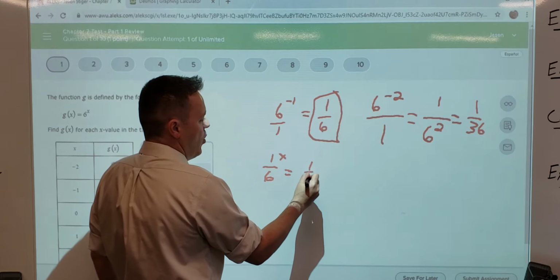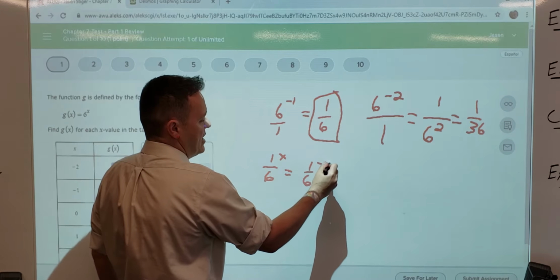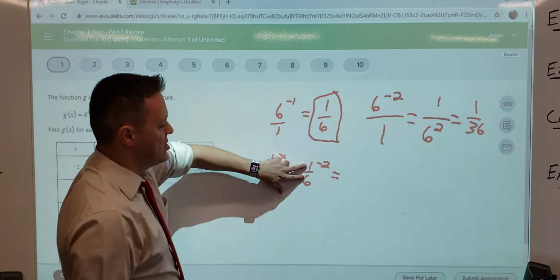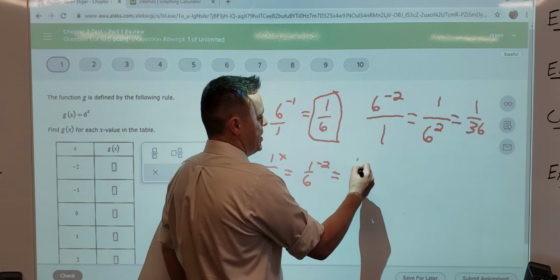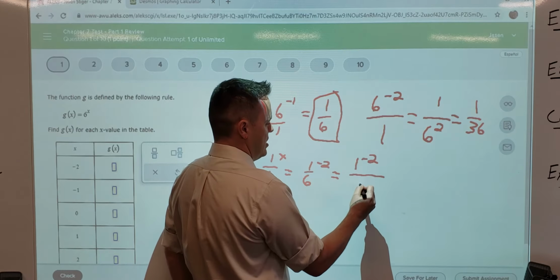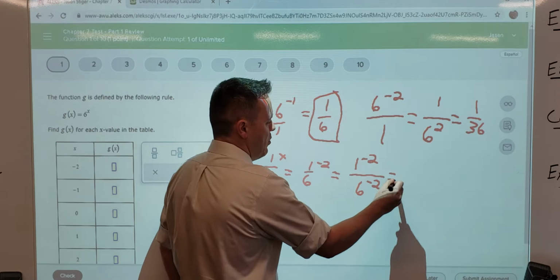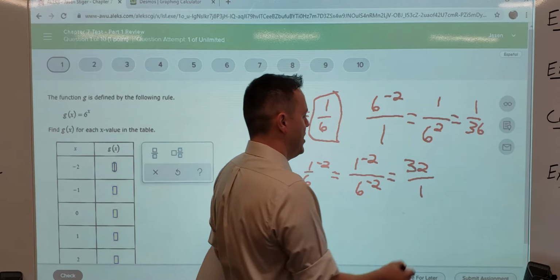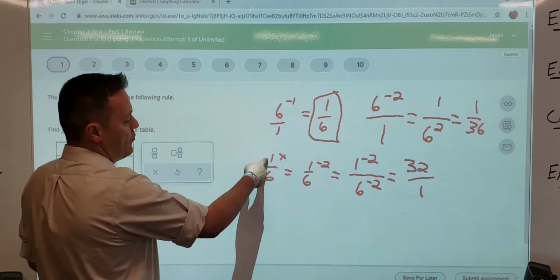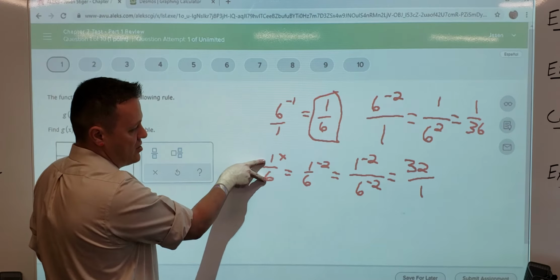But if I go 1/6 to the negative 2 power, the negative 2 exponent gets tacked onto the bottom. So it'd be 1 to the negative 2 over 6 to the negative 2, and you'd actually flip it back up. So it'd be 36 over 1, or 36. So know if you have a fraction, you're going to flip it back up.